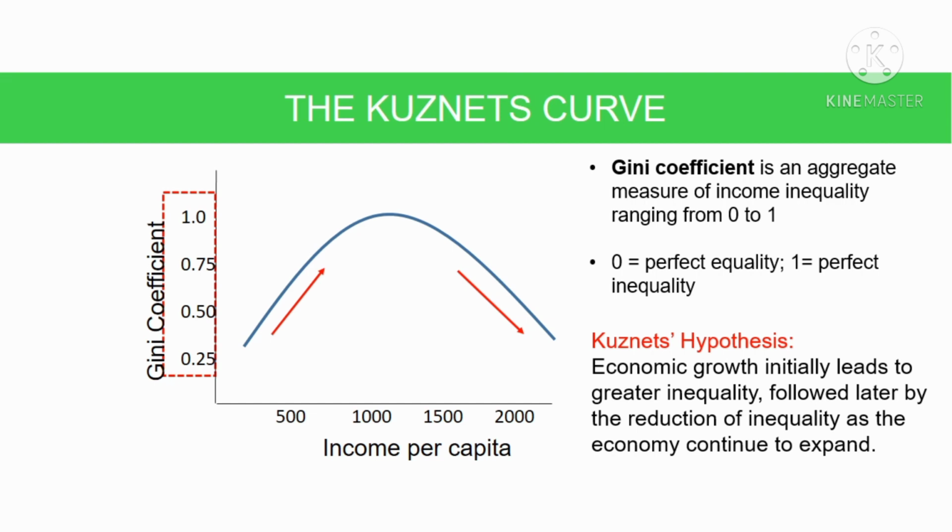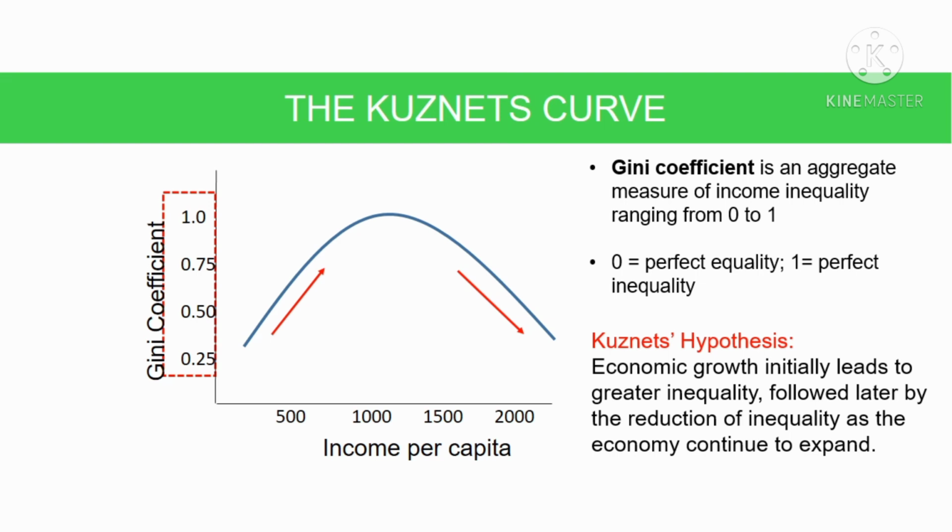It tells us that at low levels of income per capita, let's say at 500 pesos, inequality is low also, or there is relatively equal distribution of income. As the economy develops, inequality increases until a point is reached, then the level of inequality starts to decline as income per capita continues to rise.